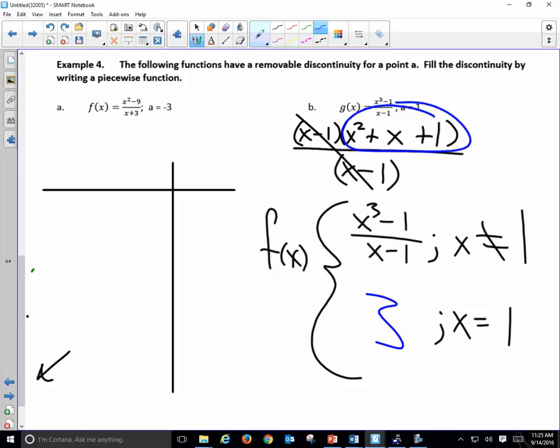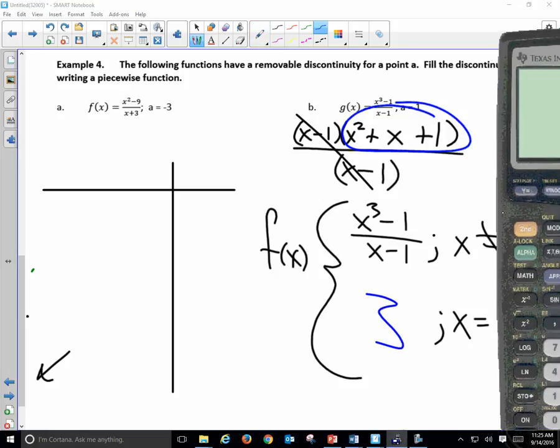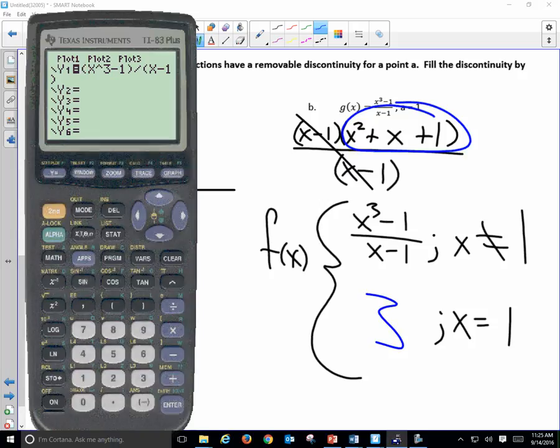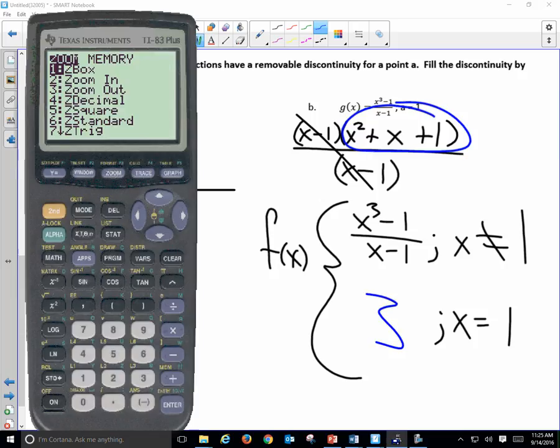Take out your calculator quick. I go into y equals, and I type in x cubed minus 1 divided by x minus 1. And as I zoom in as a decimal number, watch what happens, folks. Look at my graph.